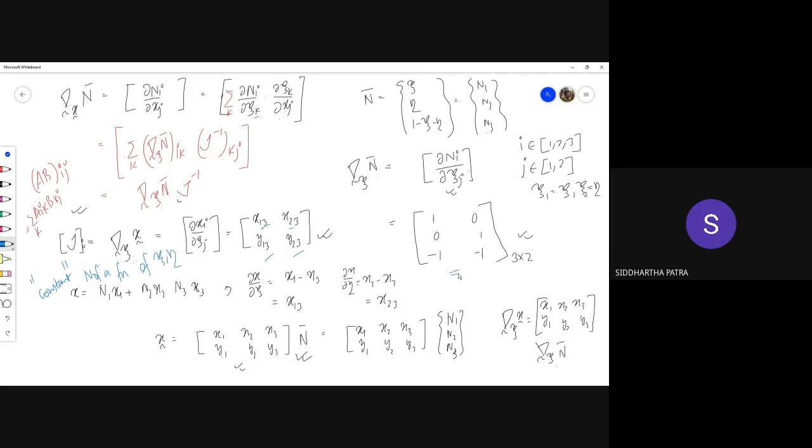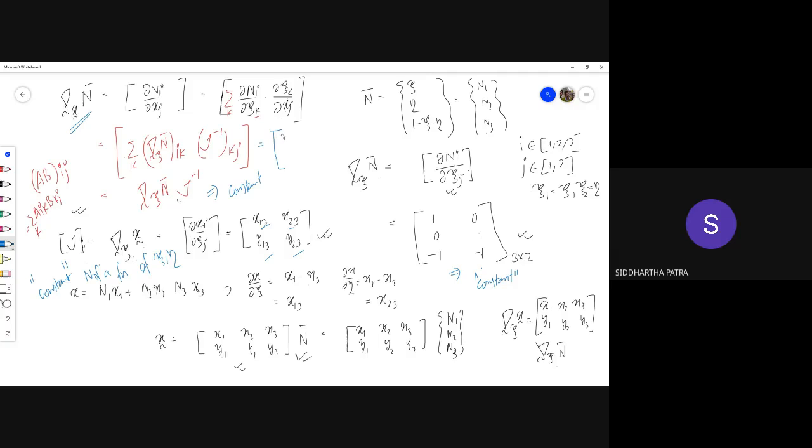And the same thing applies over here, that the gradient of ξ is also a constant, which means it's not a function of ξ and η. And similarly, this product over here is also a constant. Okay. So how would the ∂N/∂x matrix look like?